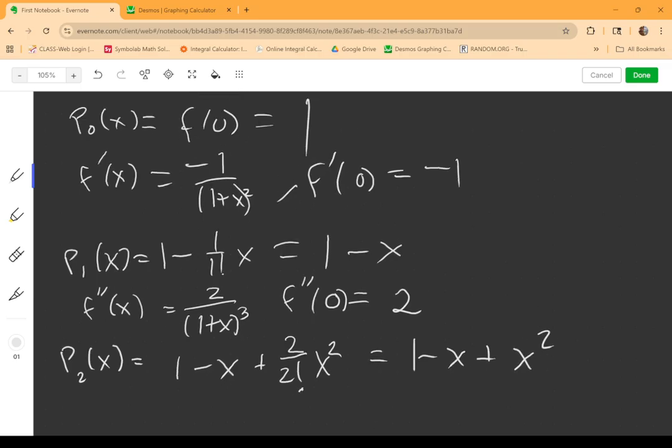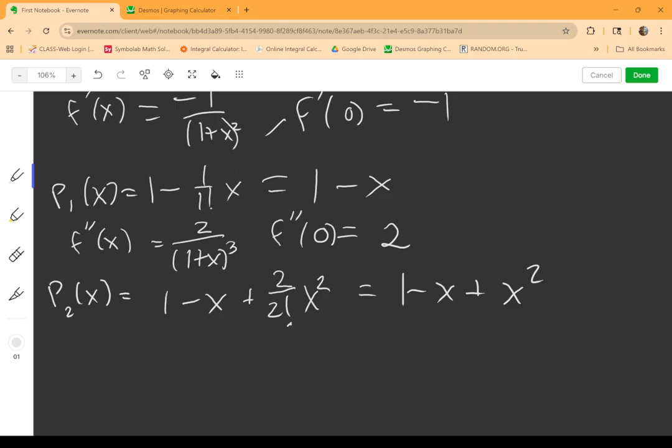Okay, and then we start to see a pattern emerging where the top, you can think of it as 1 factorial for P1, and here 2, also 2 factorial. If I take the third derivative, this will be negative 2, but now we have 3 over (1 plus x) to the fourth.